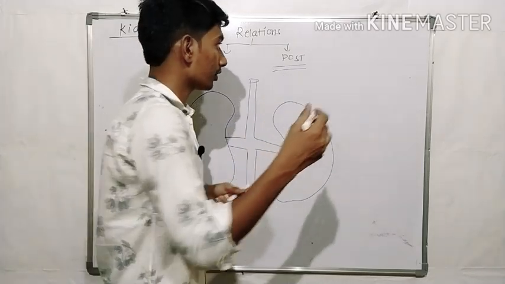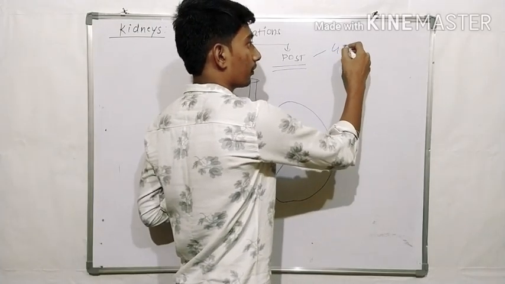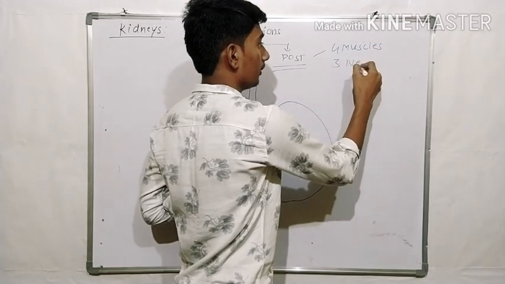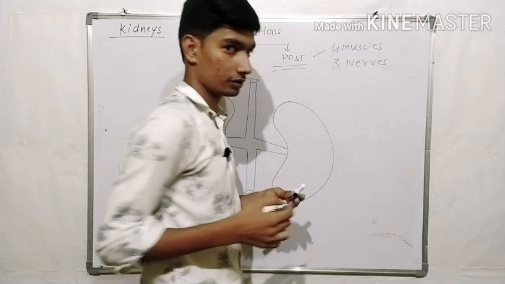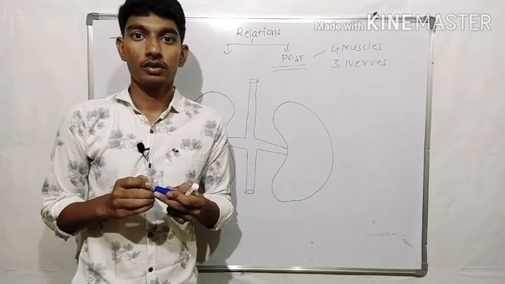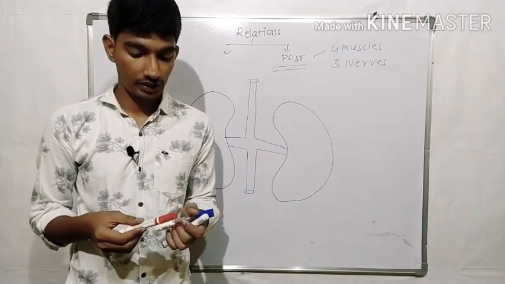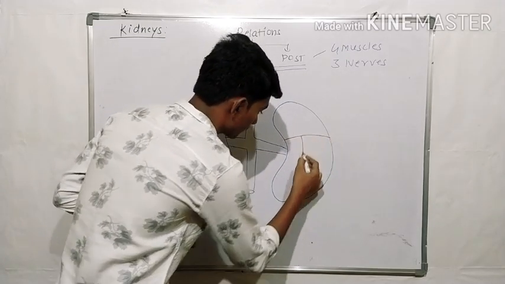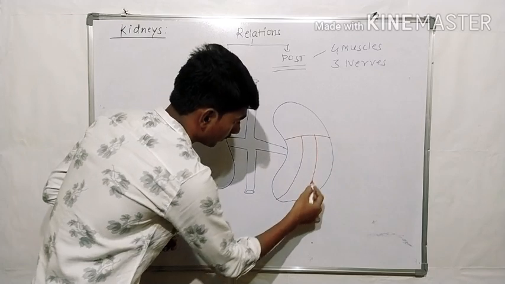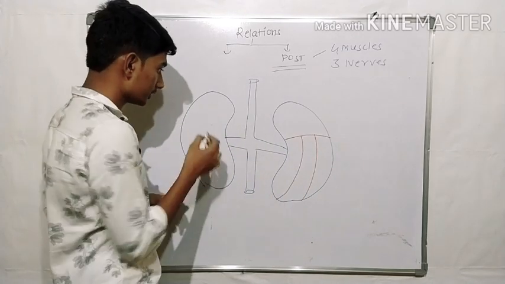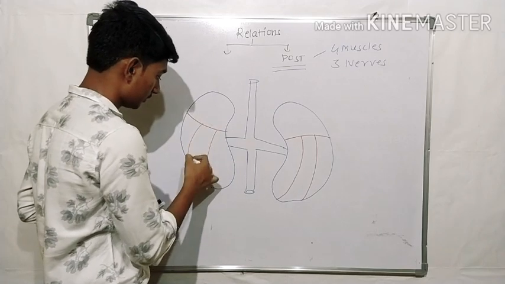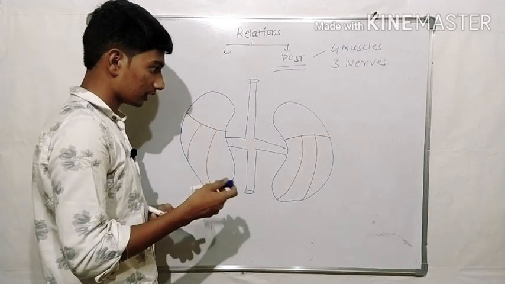Posterior relations of kidney, we have 4 muscles and 3 nerves. Which are they? First, second, third, fourth. Okay, same on right side also.